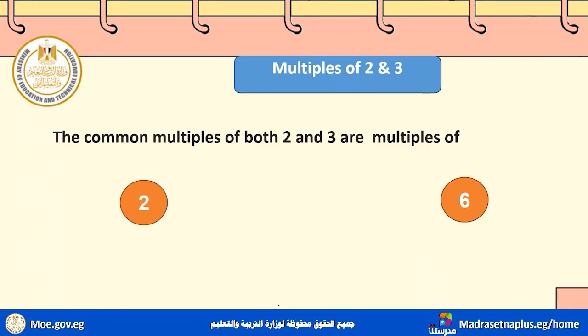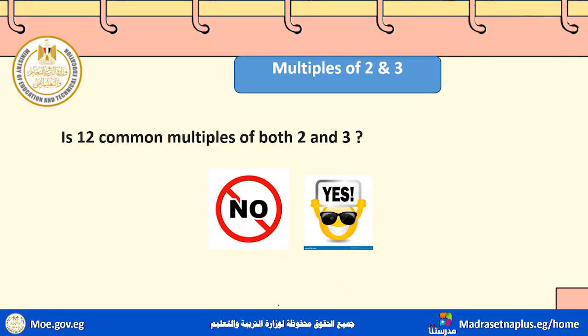We cancel 2, so the left number is 6. So that means if any number is a multiple of both 2 and 3, this number is a multiple of 6. Good. Is 12 a common multiple of both 2 and 3? Your answer must be yes. 12 is a common multiple of both 2 and 3.